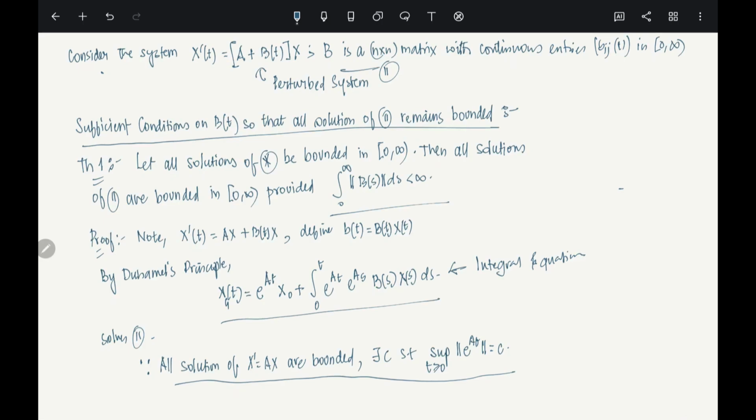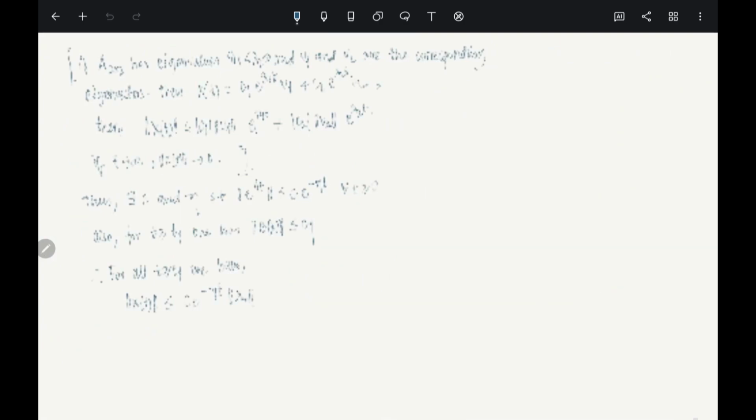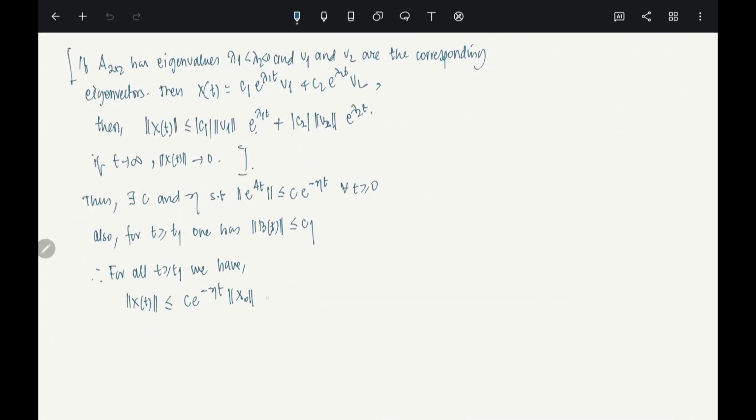Now if you take the norm, e to the power At is dominated by c times e to the power minus eta t, times the norm of x naught, clear? And then I have again this term. So this term I can do like this: integral from 0 to t of c times e to the power minus eta (t minus s), norm of B of s, norm of x of s ds. Clear?